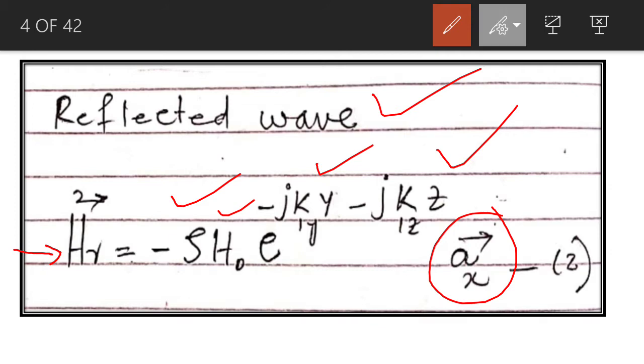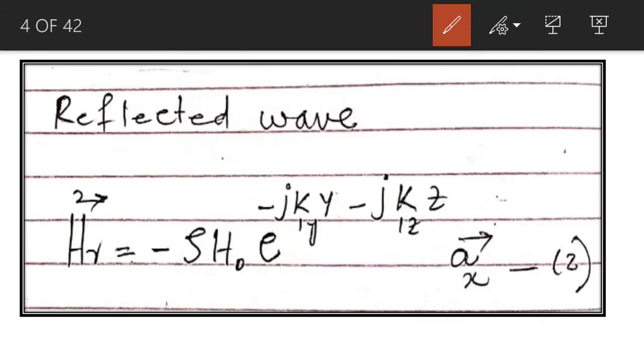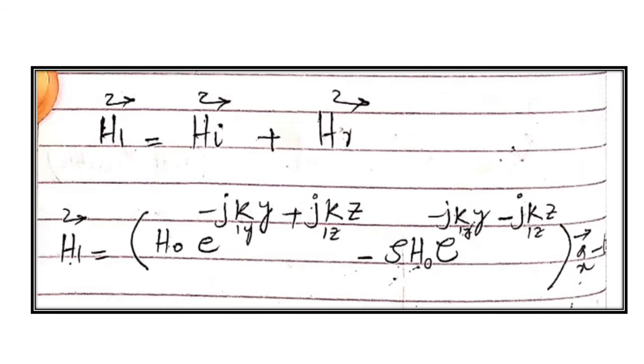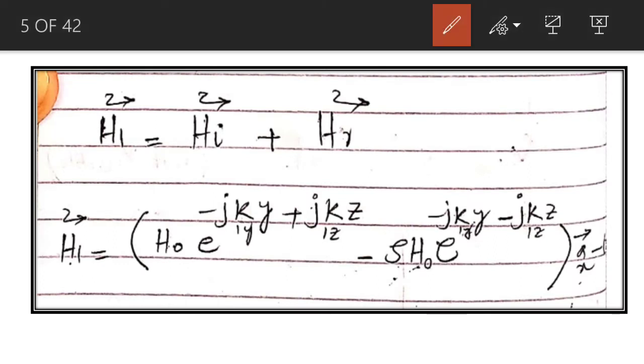So the interference of the incident as well as the reflected wave will take place in medium number 1, and the total intensity in medium number 1 will be equal to the phasor sum of the magnetic field intensity of the incident wave and the magnetic field intensity of the reflected wave.